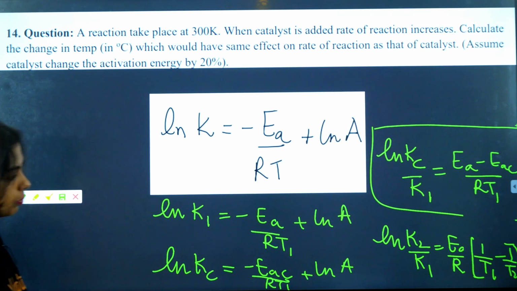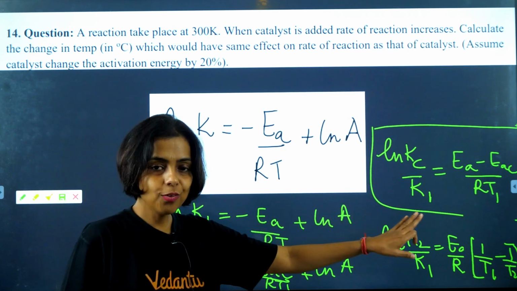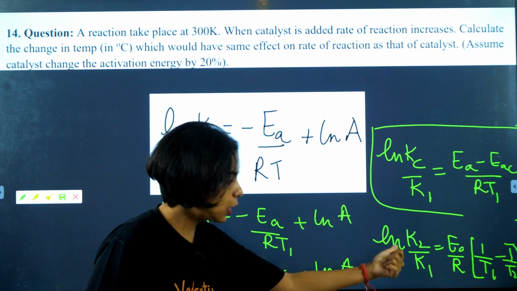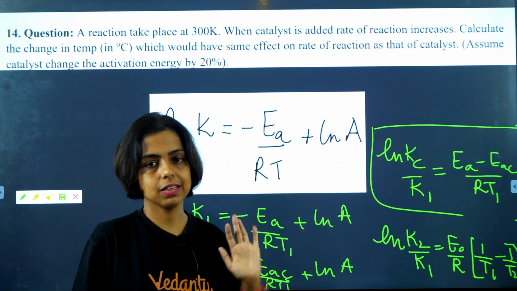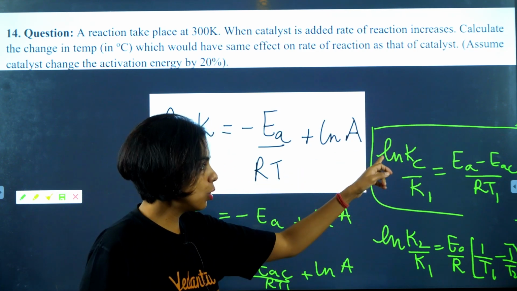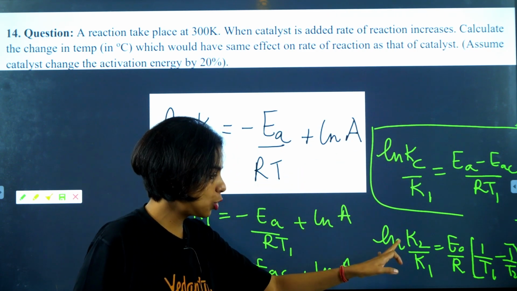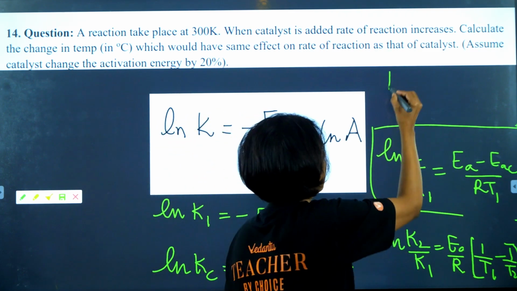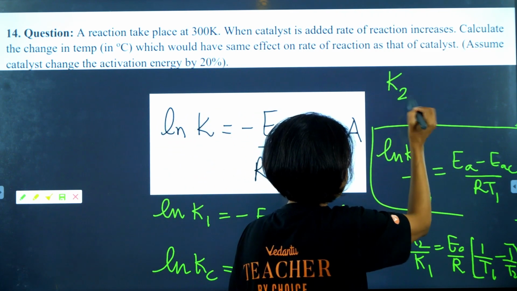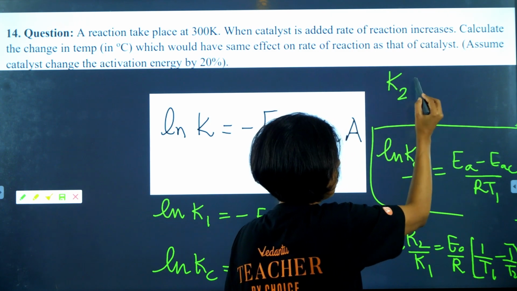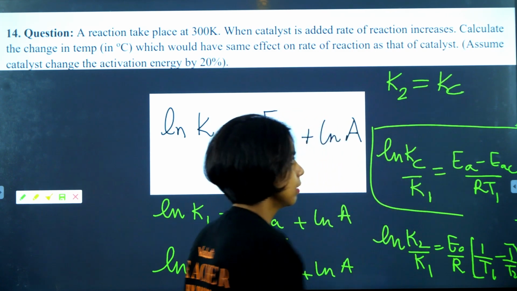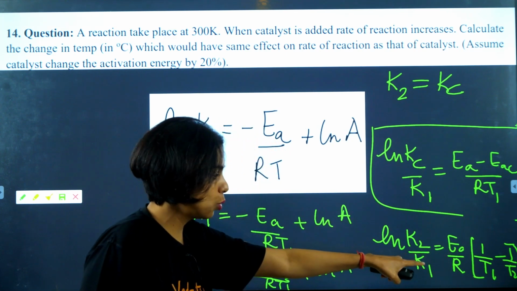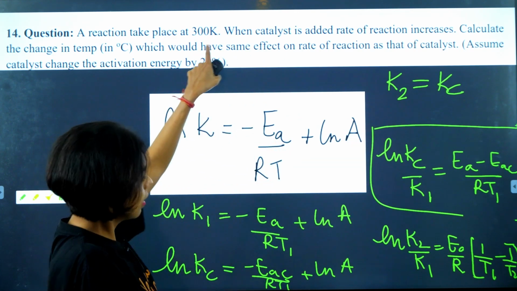Now we need to find at what temperature the K2 value is the same as Kc. So ln Kc/K1 should be equal to ln K2/K1, because we require the temperature at which K2 becomes equal to Kc. Just equate these two equations, because you know T1, that is 300 Kelvin.